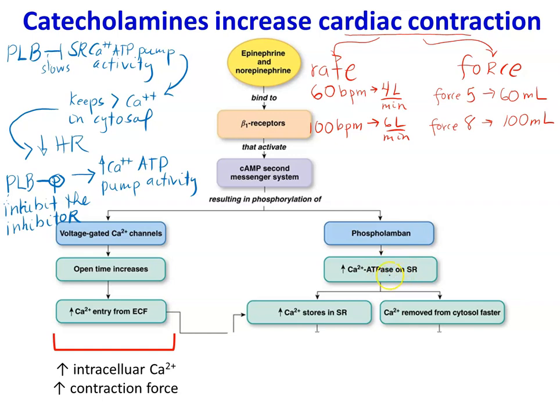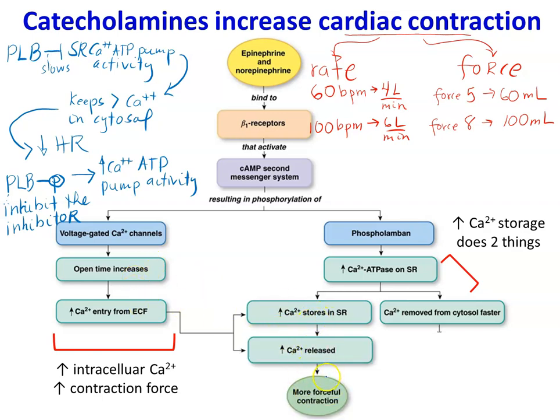And the sequestering of calcium at a faster speed will accomplish two things. Number one, the faster I can suck up calcium, the more calcium I can store, which means the more calcium I can release in the next cardiac cycle. And the more calcium that binds to troponin means the more force I can generate.